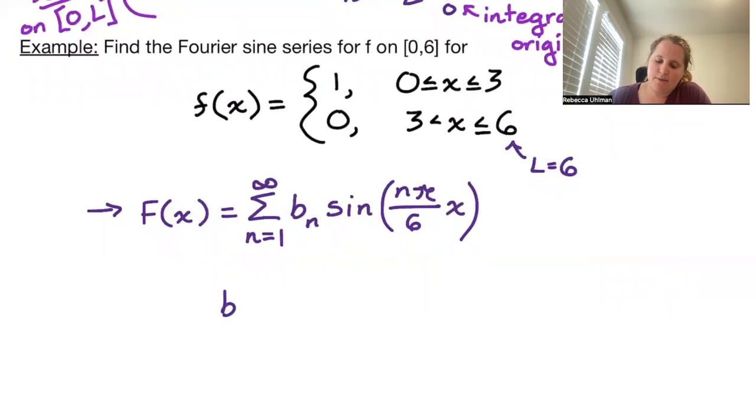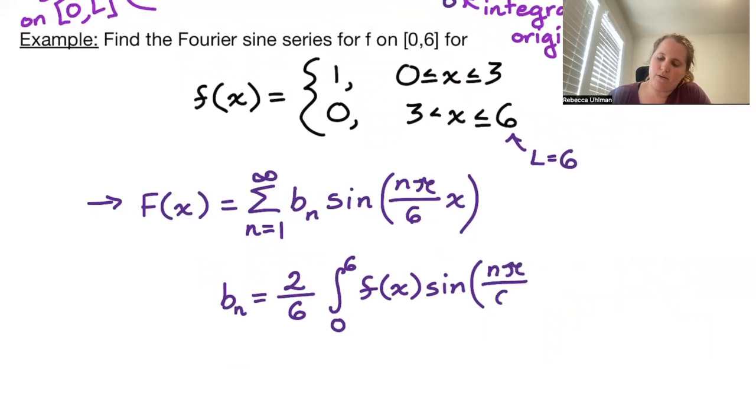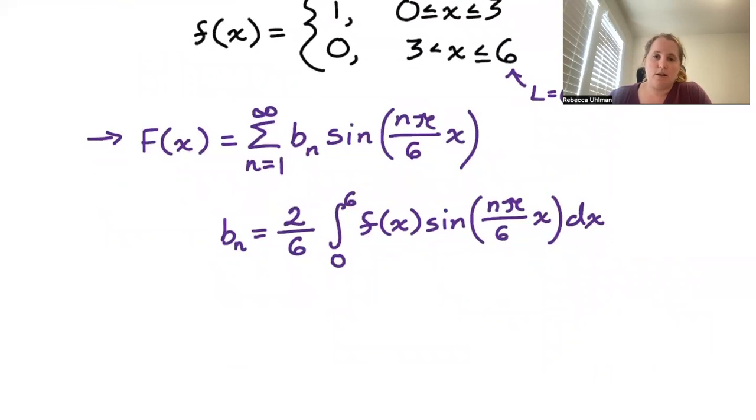We have our b sub n is equal to 2 over L, so 2 over 6, times the definite integral from 0 to 6 of f of x times sine of n pi over 6 x dx. Once again, we can go ahead and split that integral.